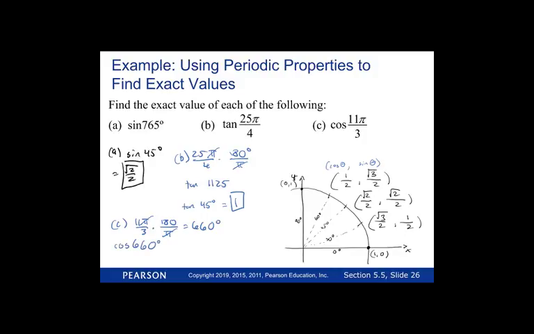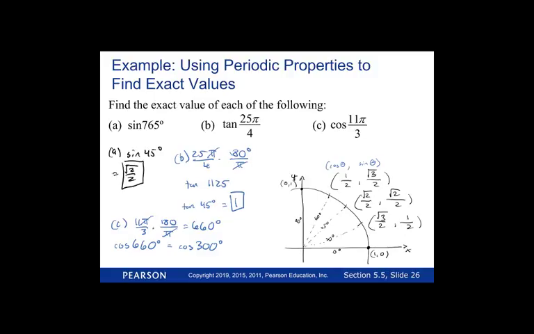Hey Siri, what's 660 minus 360? 660 minus 360 is 300. So if we're at 300 degrees, what quadrant are we in? 0, 90, 180, 270. So we're in quadrant 4. What's the reference angle? How far away from the x-axis? 60 degrees, right?